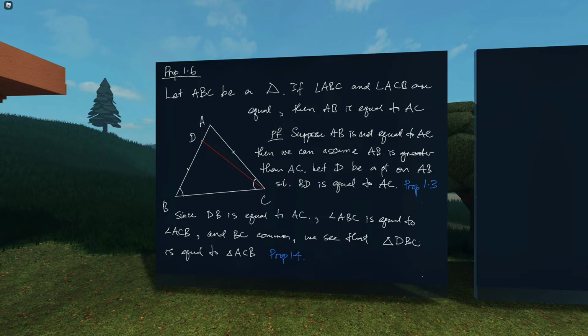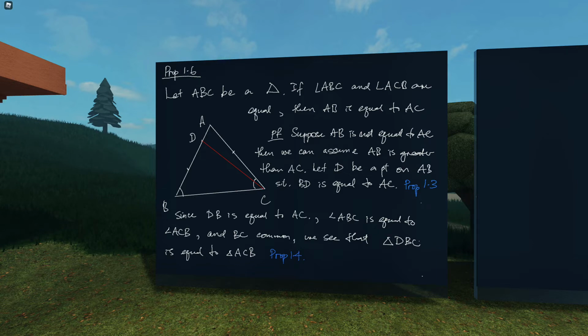So what have we concluded here? DBC is a smaller triangle in the diagram, and ACB is the bigger triangle. One is contained in the other, and since they're equal, this is telling you that D must be equal to A, and so AB is equal to AC.